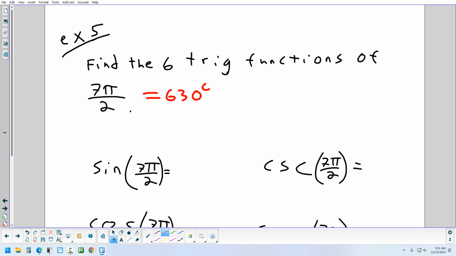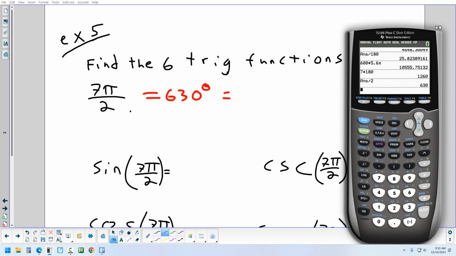Okay, so we converted it to degrees, but I'm still not crazy about that either. What do you think I don't like about 630 degrees? Yeah, it's more than 360. I would rather work with an angle that is smaller than 630. Does anybody know what you can do to make that angle smaller? Yeah, subtract 360.